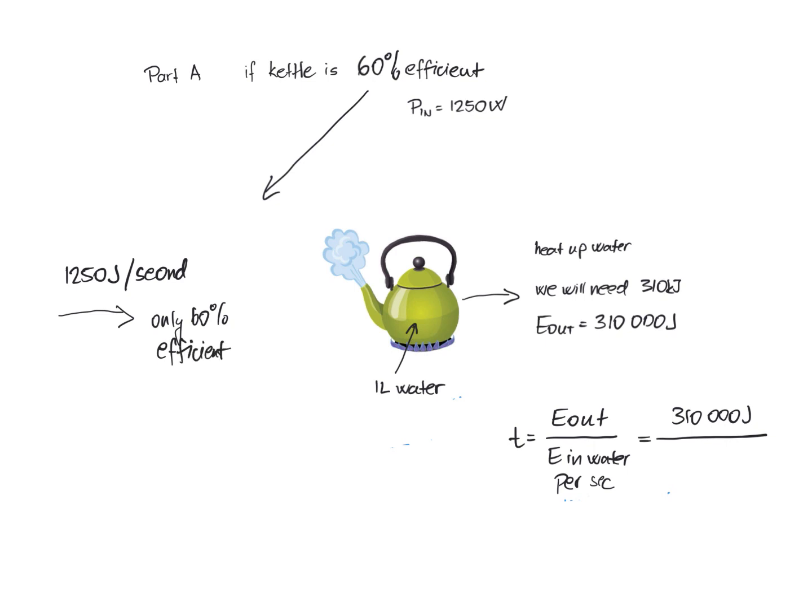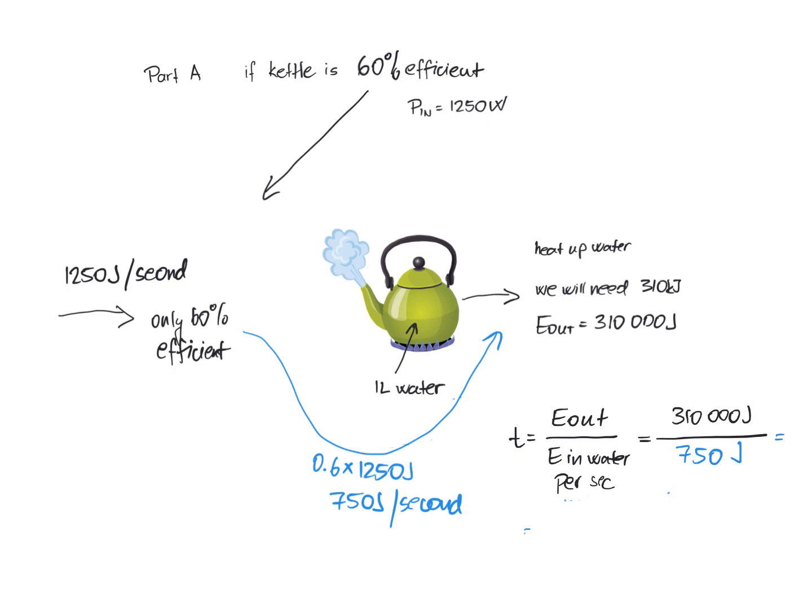So what does that mean? What goes into the water is only 60% times 1250, what would go in normally. So only 750 joules per second goes into heating that water. So in this case, it will take longer.